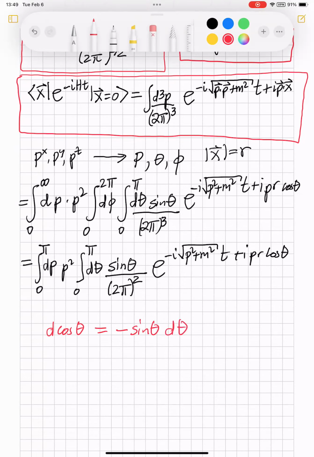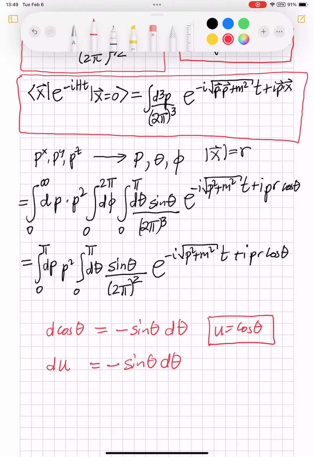So if I say u is cos theta, then du would be minus sine theta d theta. That's good news because that's exactly what I've got appearing in the integrand. I've got a d theta sine theta, so I can just change that into a du.